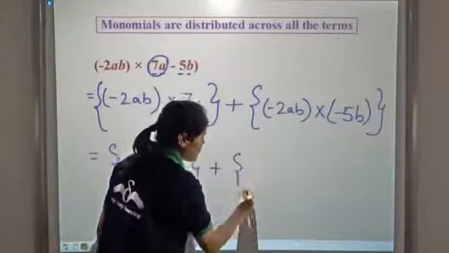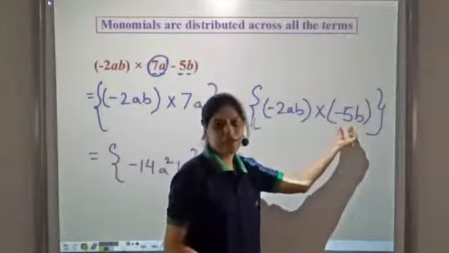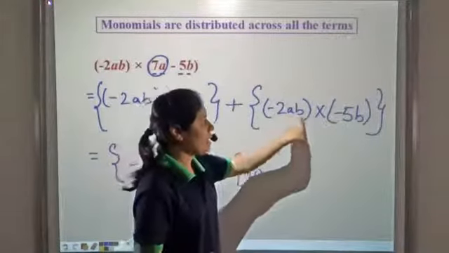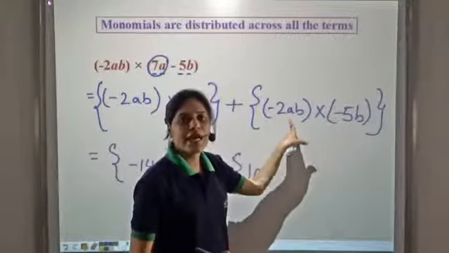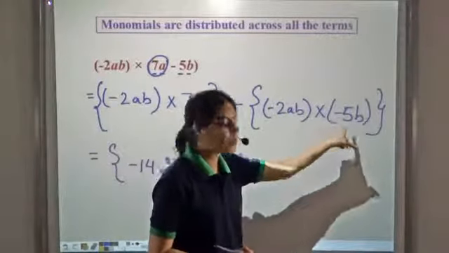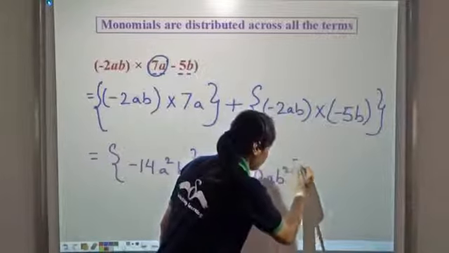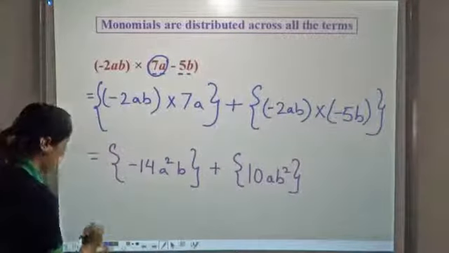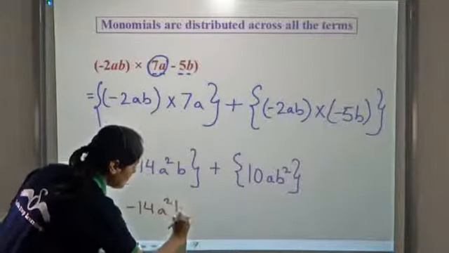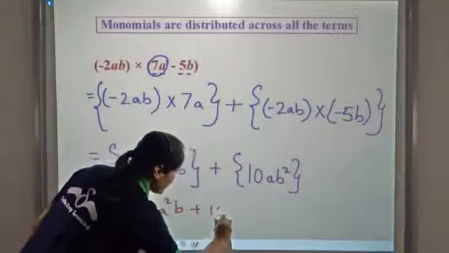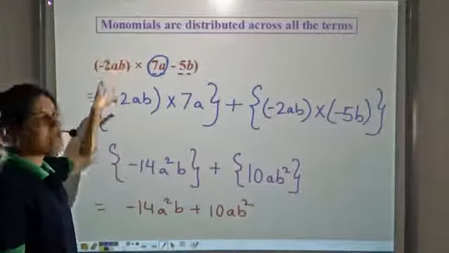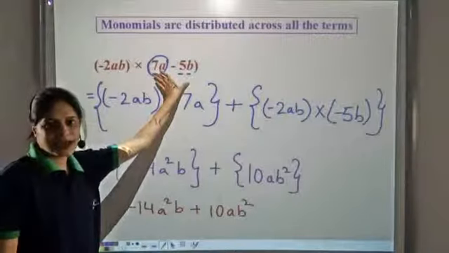Plus negative 2 into negative 5 is 10. ab into b: a is multiplied once, so it's a, and b is multiplied twice, so it's b squared. So we get the answer as negative 14a squared b plus 10ab squared. This is how we multiply a monomial with an expression.